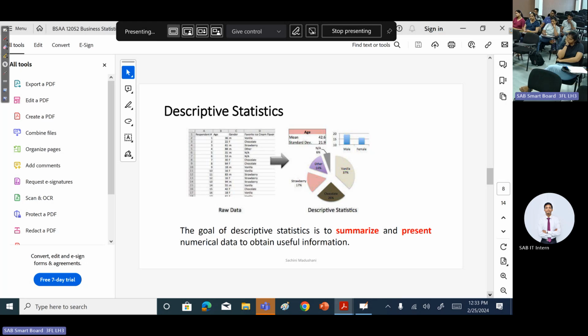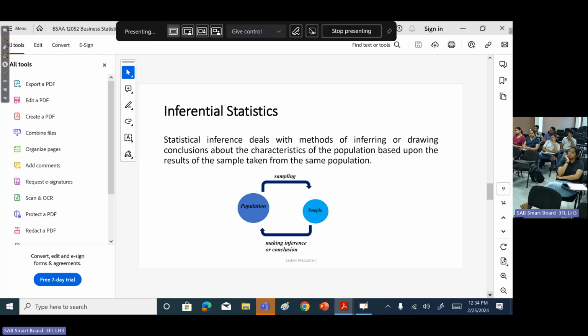Then we move into inferential statistics. In inferential statistics, first we take a sample. In the statistical process, we cannot handle the whole population or all the individuals. Think I am going to do a study of the students in the subjects.